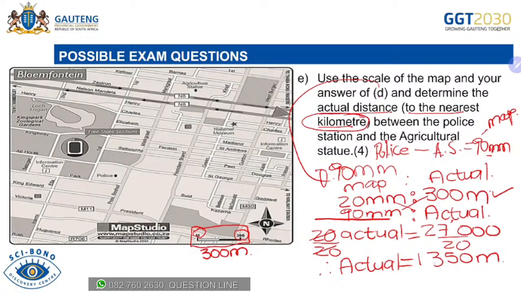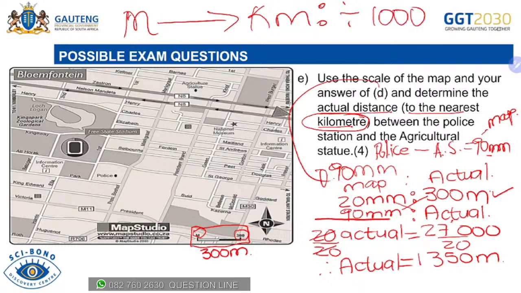So to convert from meters to kilometers, using King Henry, guys, from meters to kilometers, we are going to divide, and we divide by what? By 1,000. Guys, you must know this. I cannot imagine there's a grade 12 learner sitting somewhere not knowing that when you convert from meters to kilometers, we divide by 1,000.